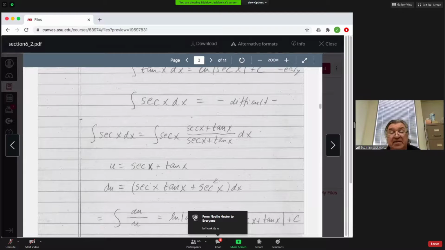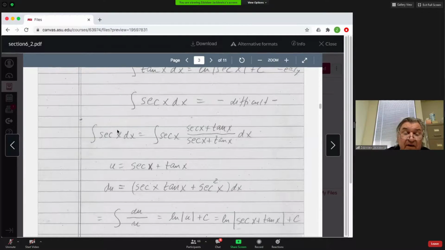So that's the simplest way to integrate secant. It's useful to remember this formula. You'll see that we'll be encountering this quite often. That's one way of integrating secant x, probably the simplest way, but of course it's difficult to invent this trick. Easy to follow, but not so easy to invent.